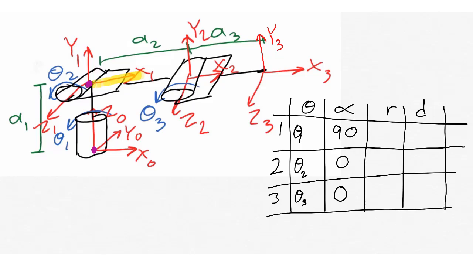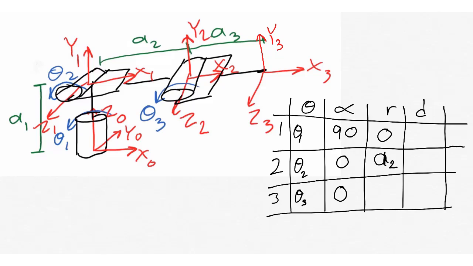These two frames are lined up perfectly in the x1 direction, so R in the first row is 0. To get R for the second row, we'll look at the displacement from the center of frame 1 to the center of frame 2 in the xn direction, which here is x2. The displacement between the centers of these two frames in the x2 direction is A2. So I write A2 for R in the second row.